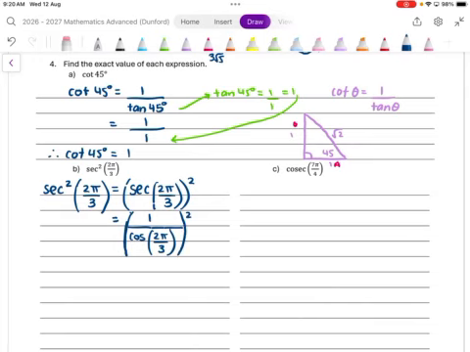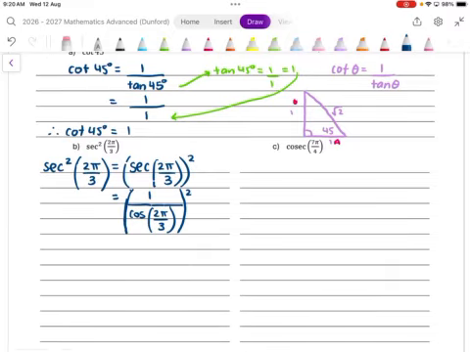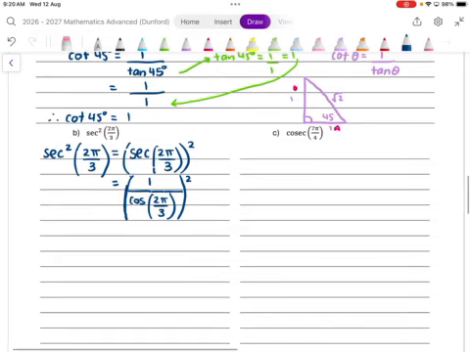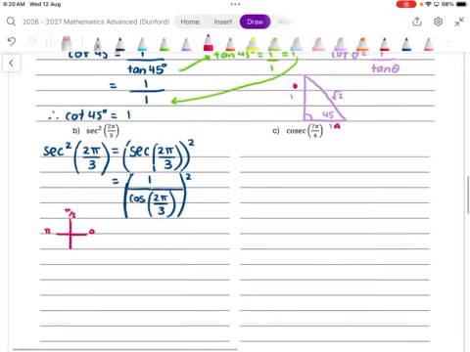Okay. What we have is cos 2 pi on 3. Now, if we were to look at our ASTC, we have 0 and pi over here. Pi on 2 is up the top there.